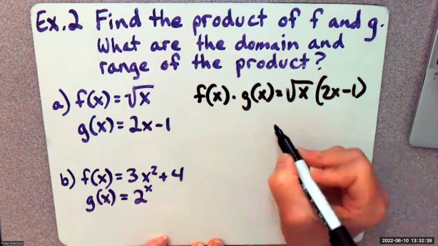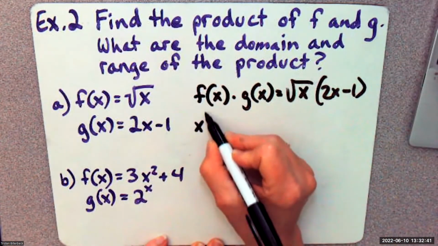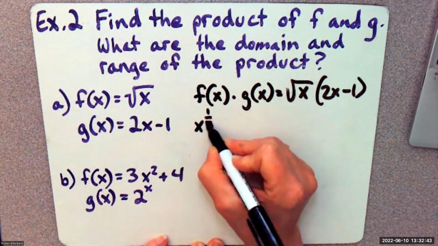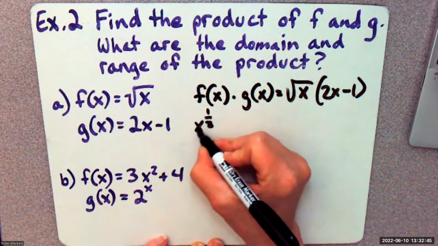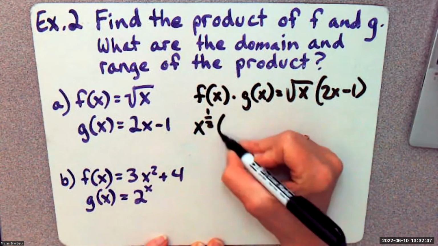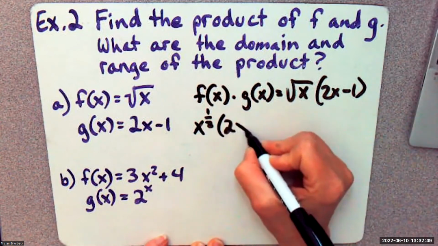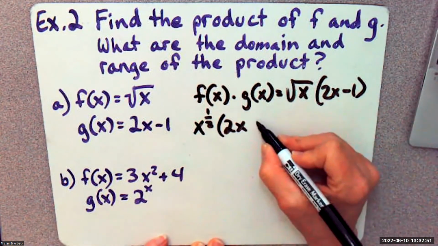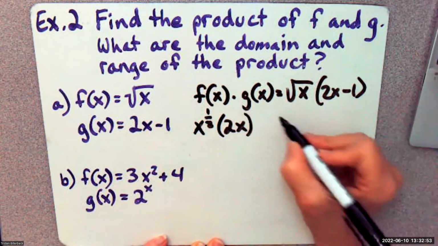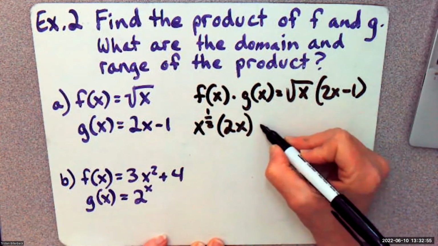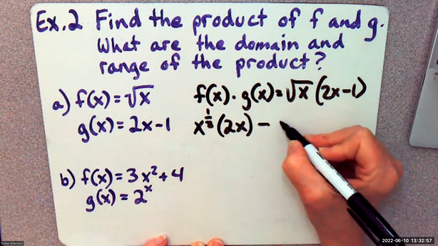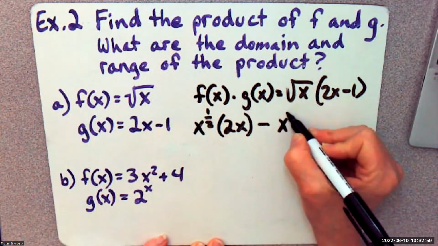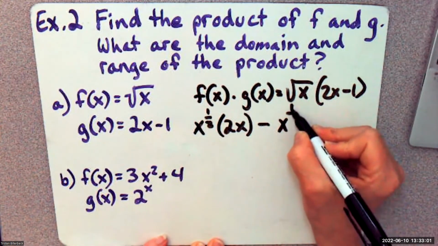Now we can write the square root like this, and then we're going to multiply that by the 2x. And then we have the square root of x times the 1.